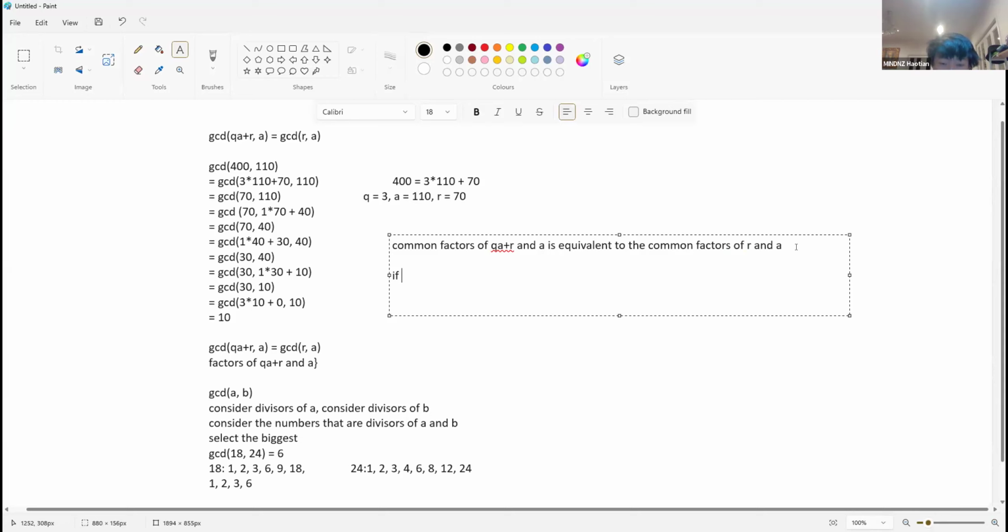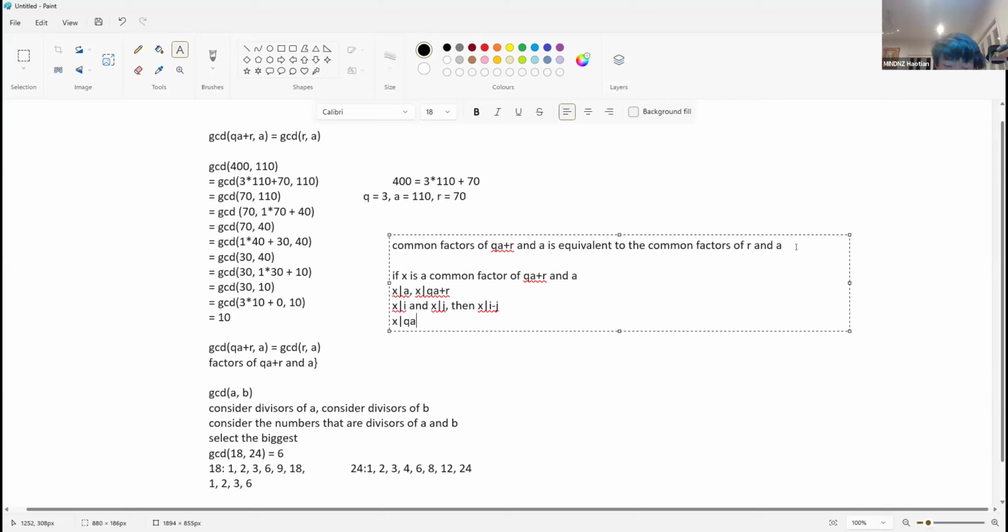Okay, so if X is a common factor of QA plus R and A, then we know X divides A and X divides QA plus R. And if X divides a number and X divides another number, then X divides the difference, alright? So then X divides QA plus R minus QA, and that's equal to R because we subtract the QAs.